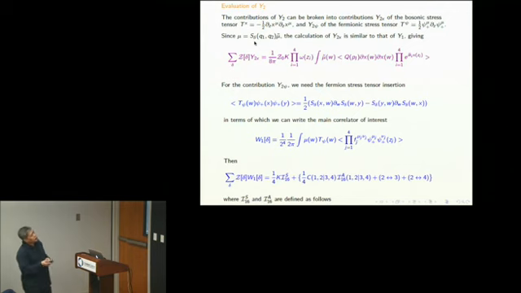Now, for the contribution of the fermionic stress tensor, you see that you will have contractions of psi plus, but also contractions of dz psi plus. So you can recognize that this is the kind of fermion stress tensor insertion that will occur in this formula. You take this, then you have psi's here coming from there, and then the derivative of this.